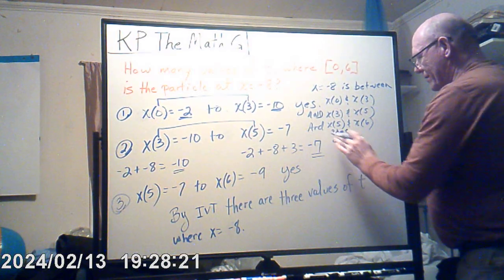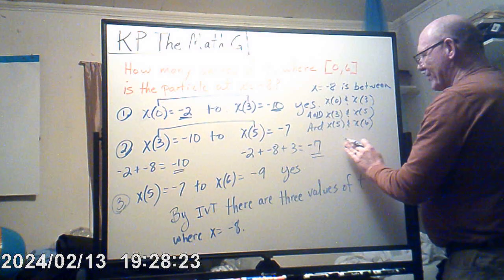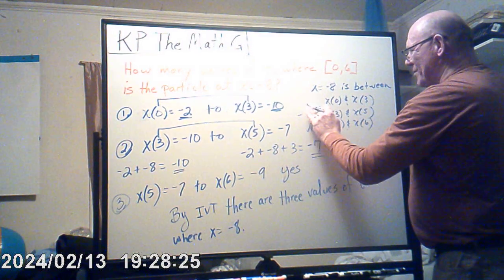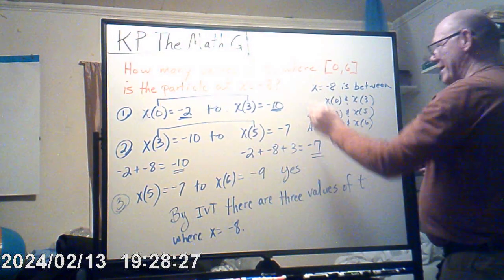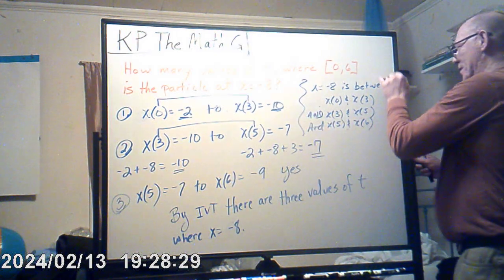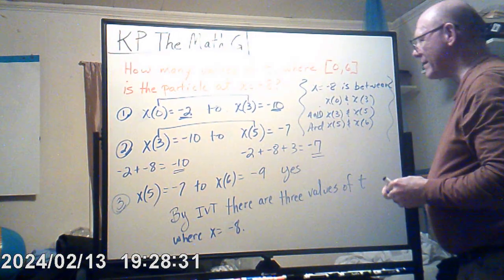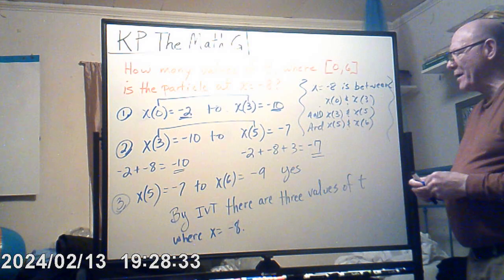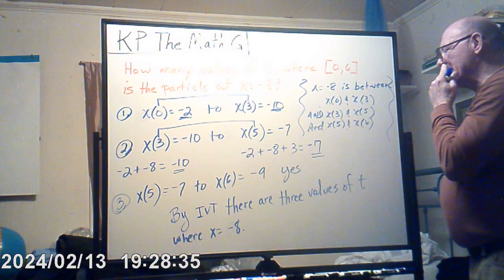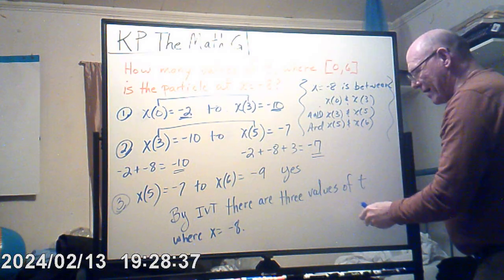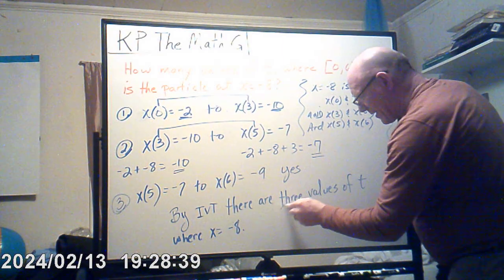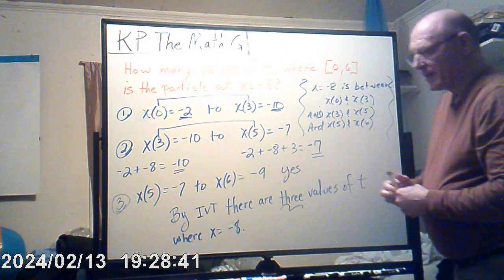So not just saying yes, yes, 3 times. This is probably much more complete. It is between those, so 3 times, and you have to say how many times it occurred.